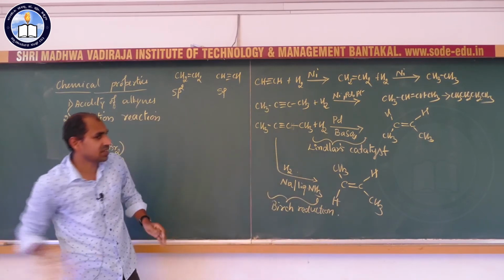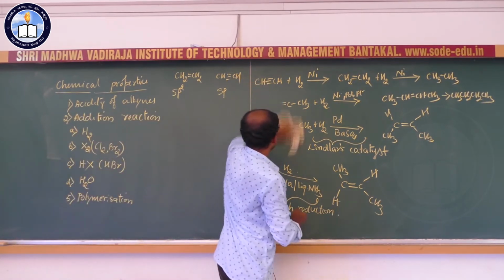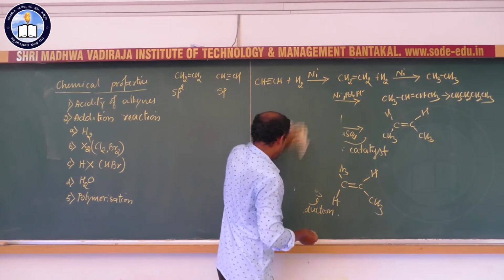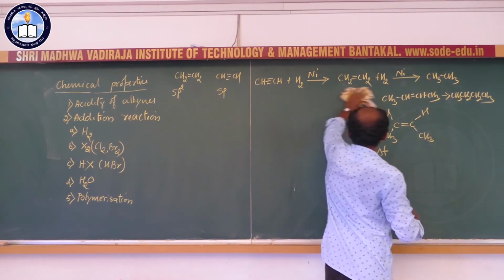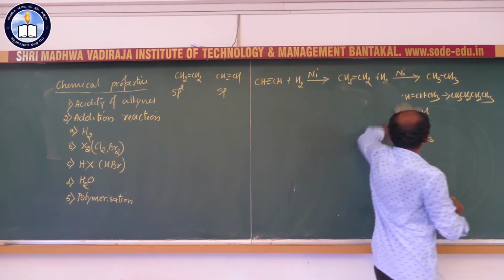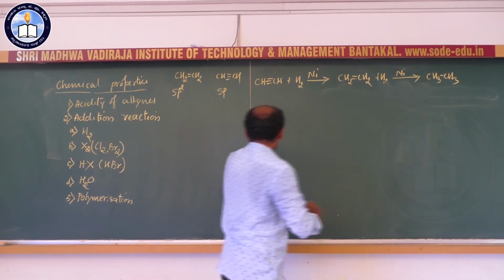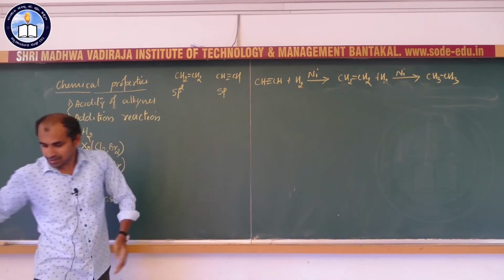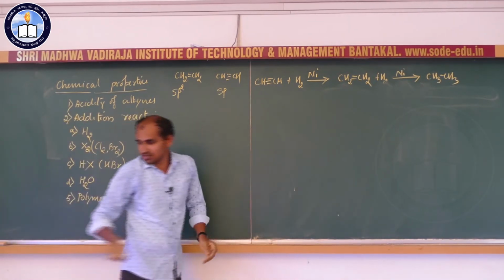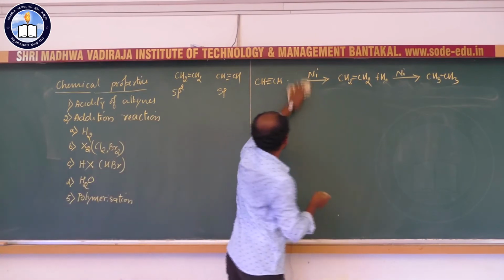Okay. So, now let us see the second addition reaction, that is with halogen. So, we have different types of halogens: chlorine, bromine, fluorine, iodine, etc. So, reaction with chlorine or bromine we shall see now. Let us take bromine.